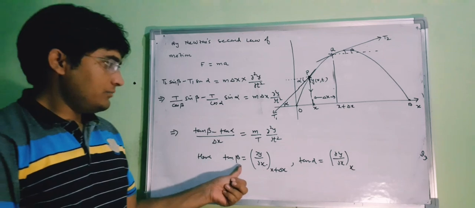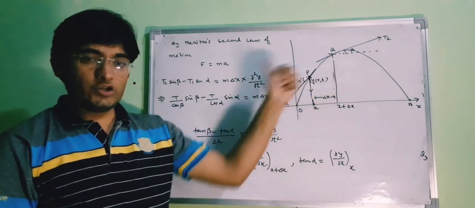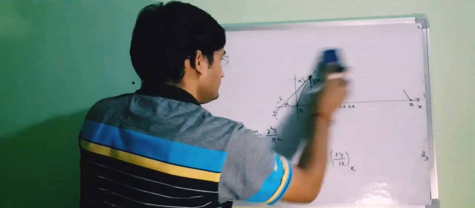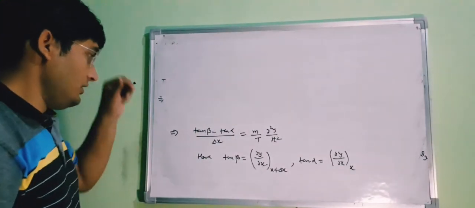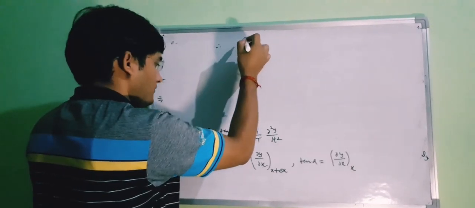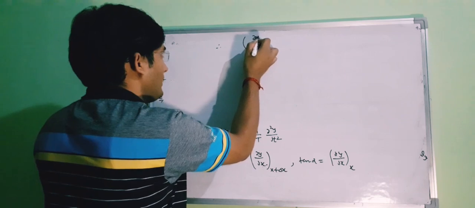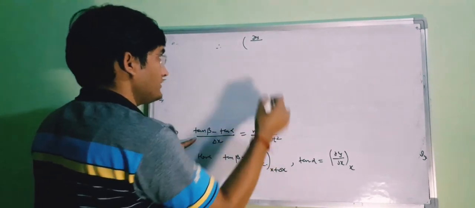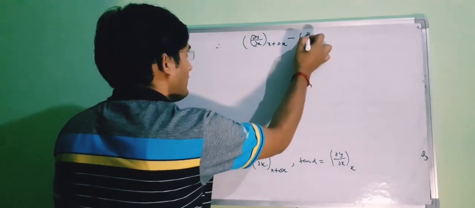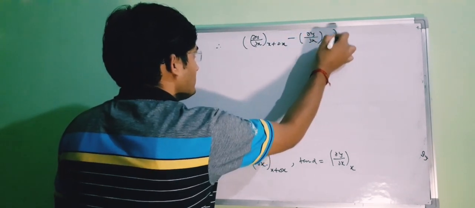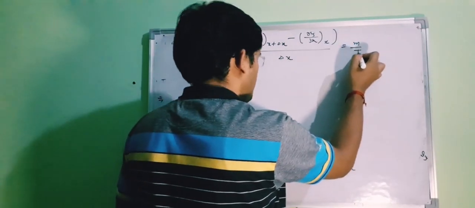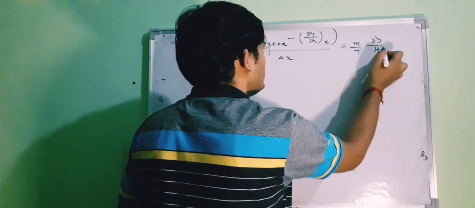Tan beta and tan alpha are the slopes at Q and P. Now we can remove the figure. Therefore, del y upon del x at x plus delta x minus del y upon del x at x, divided by delta x, is equal to m upon T del 2 y upon del t2.